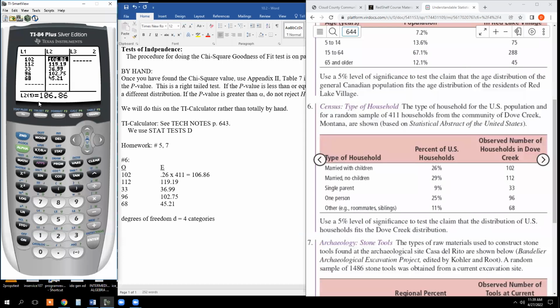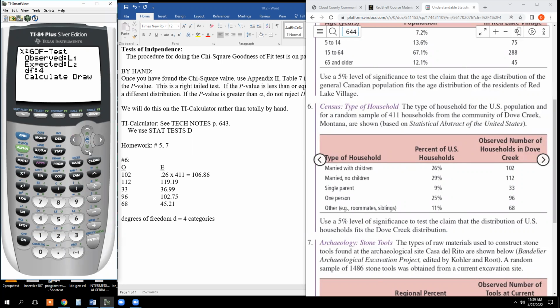Okay, so I'm going to do second quit. Then we're going to go into stat tests. We want option D. Rather than scroll up or down, it's above X inverse, so I'm just going to do alpha D, or you could scroll up or down.